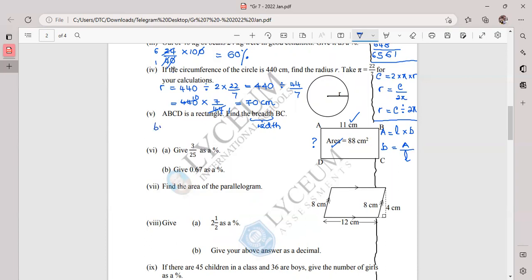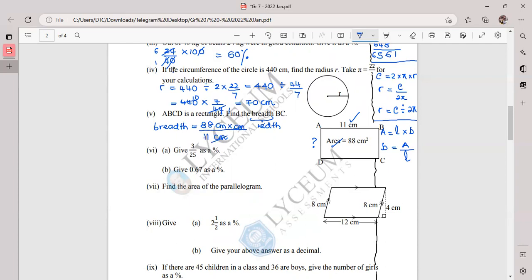Therefore, straight away you get breadth is equal to area, which is 88 centimeter square. What I do, I expand it and write it as centimeter times centimeter. You see why I wrote it like this. Then I divide it by the length, 11 centimeter.